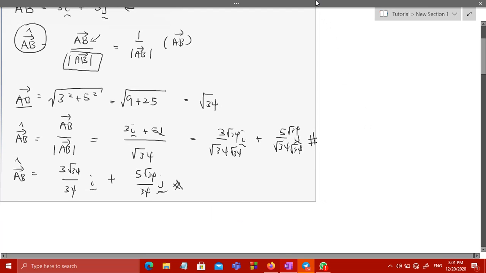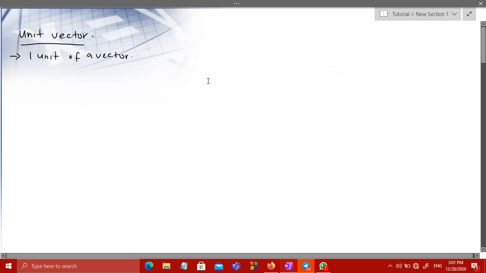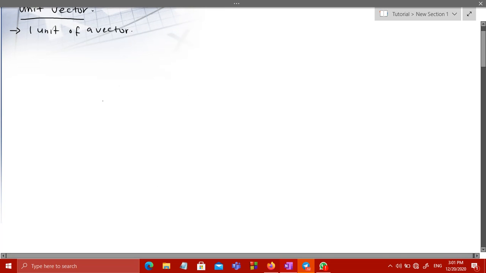So next example, and this one probably you will see the illustration. For example, we have a vector given by 3i plus 4j. The magnitude of vector A is the square root of 3 squared plus 4 squared, which is 9 plus 16 is 25, so the square root of 25 is 5.